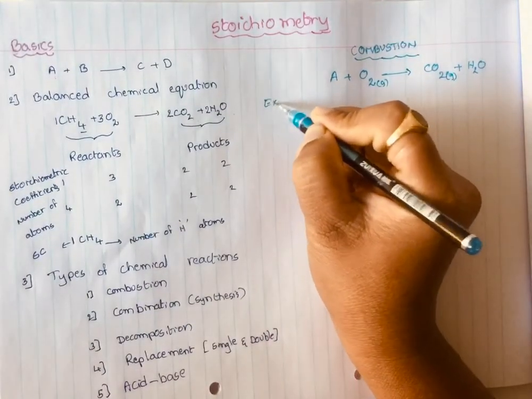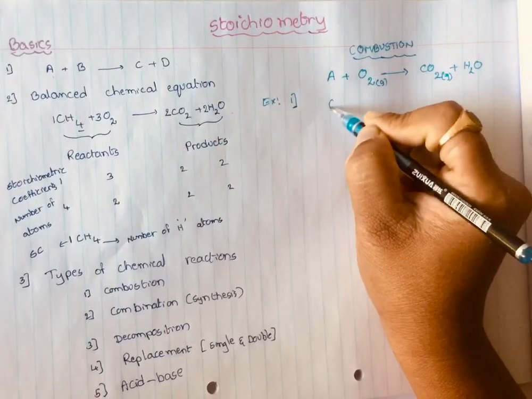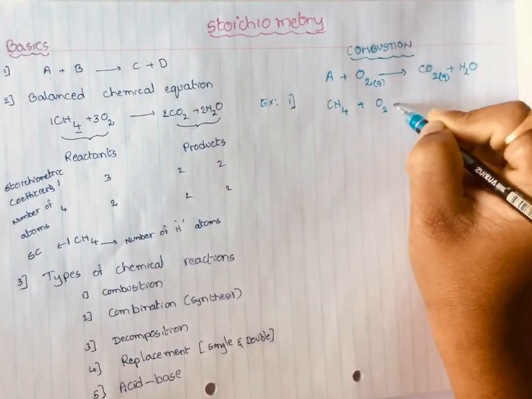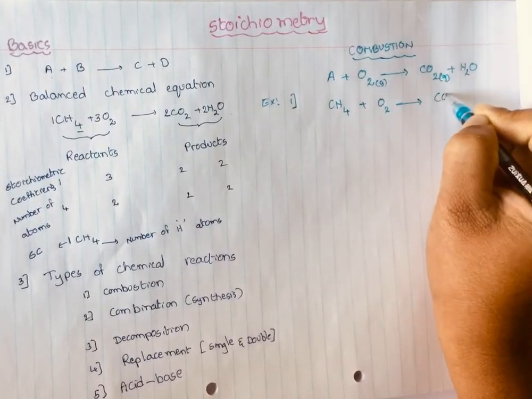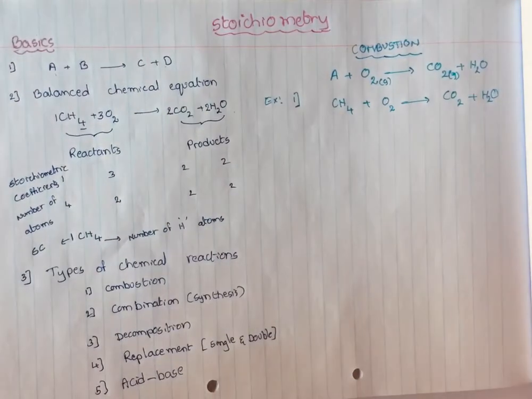Let's take a few examples. Same example: methane will undergo combustion in the presence of oxygen and convert into carbon dioxide and H2O. This is the combustion reaction of methane.